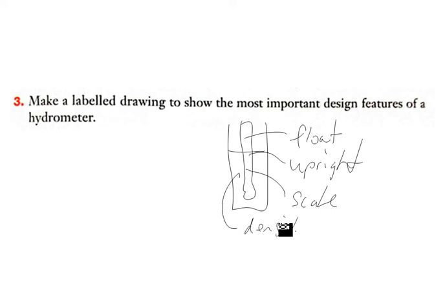So the density. Okay, so once again, it has to be able to float. It can't sink. It has to be upright, and it can't lean against the sides of the walls of the container. It has to have markings or a scale on it so that you can record the density of a fluid.